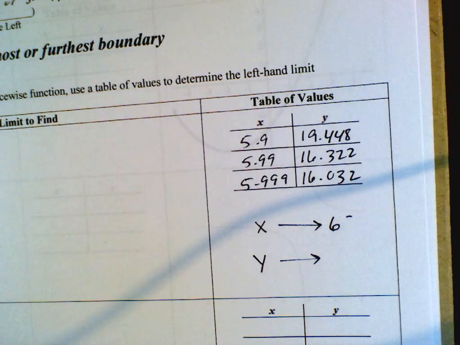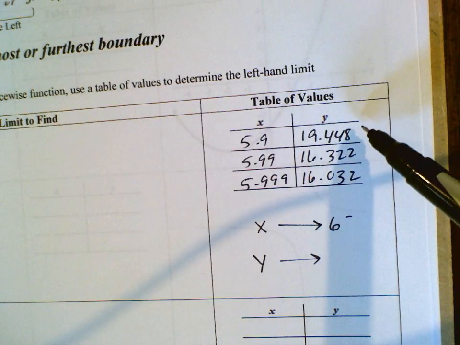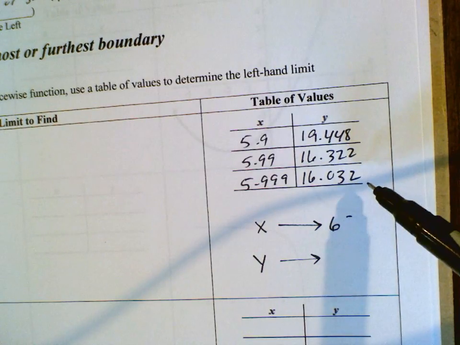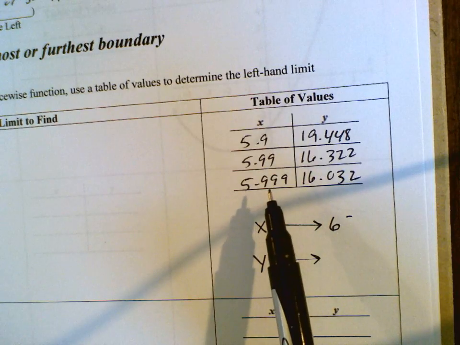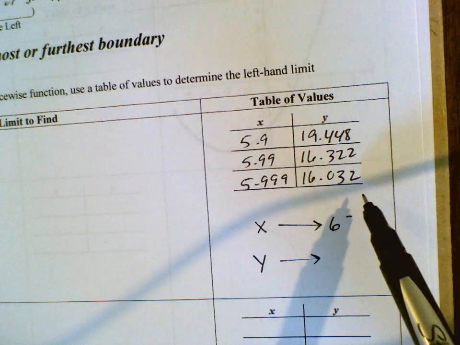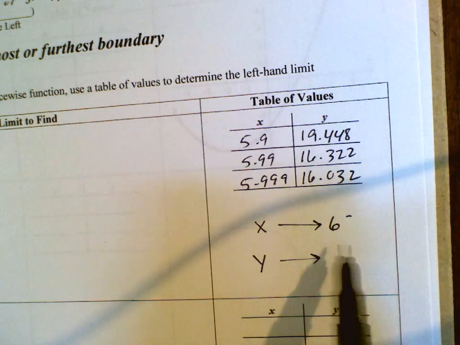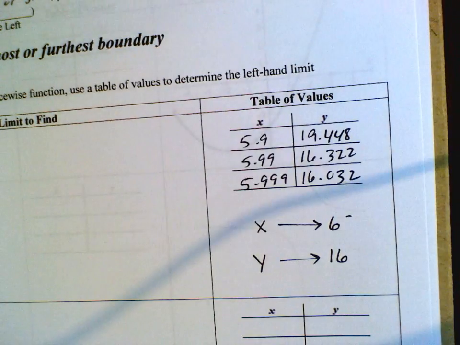All right, so here's my set of y's. If I look at them, they are getting closer and closer and closer to some number, but they're never going to pass that number as long as my x's are to the left of 6. And what is that number? It is 16. So as x approaches 6 from the left, the y's are approaching 16.